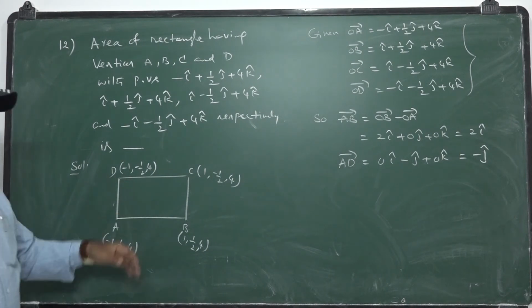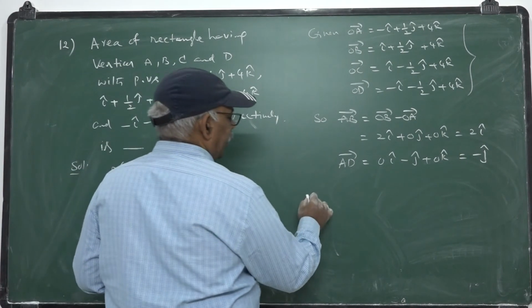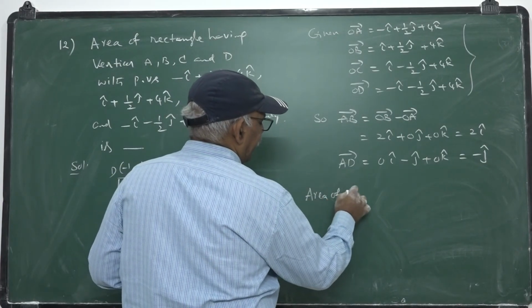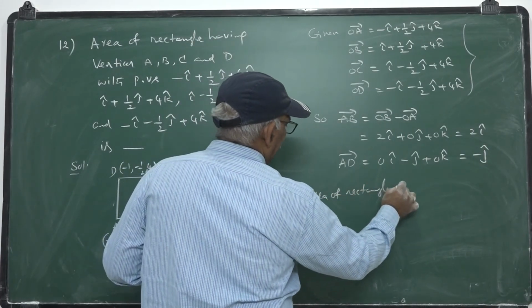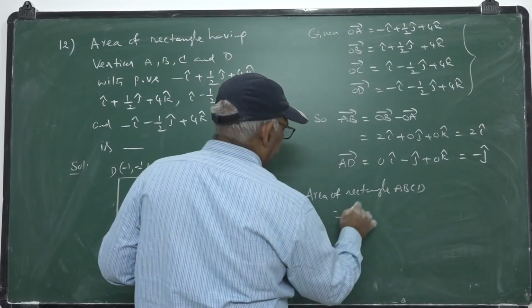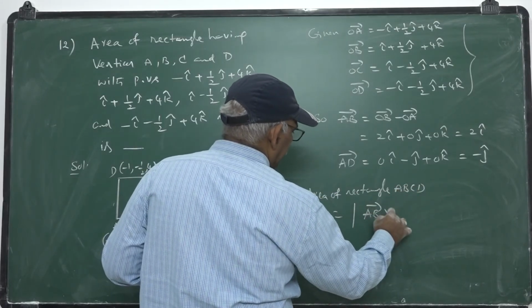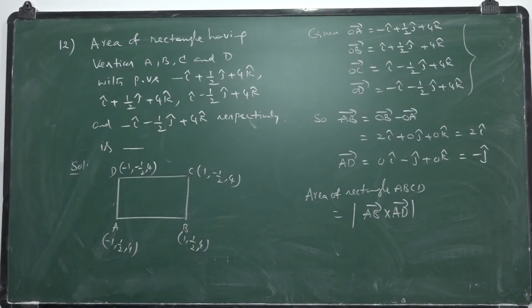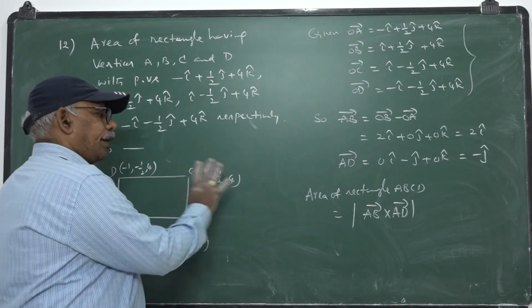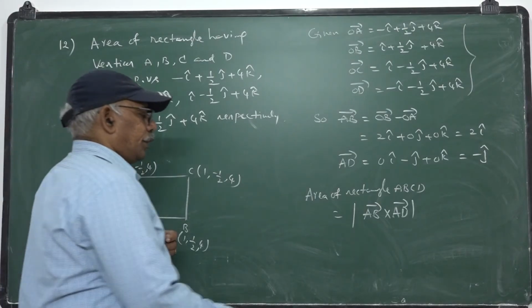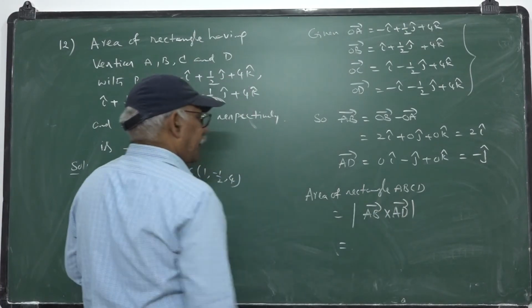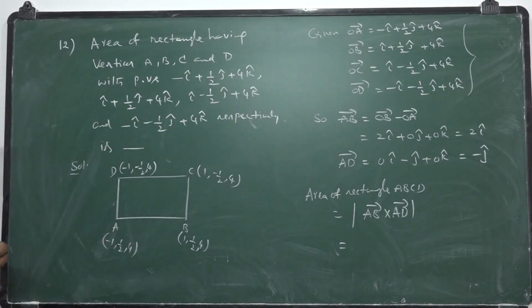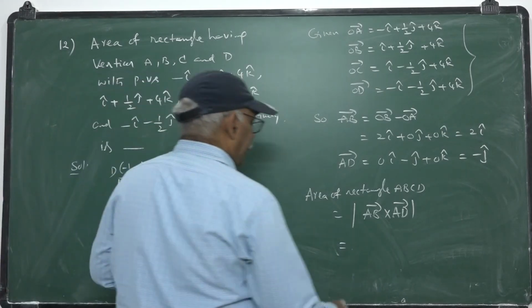The area of rectangle ABCD is the modulus of AB bar cross AD bar, because the rectangle is also one kind of parallelogram.